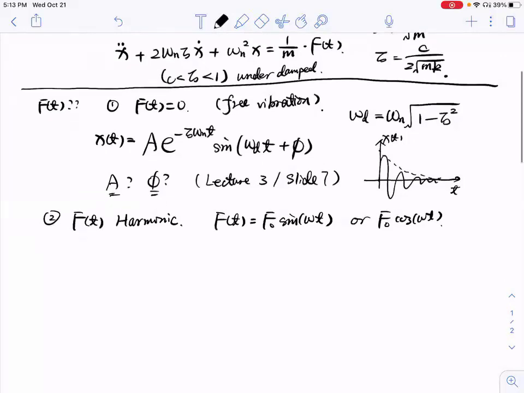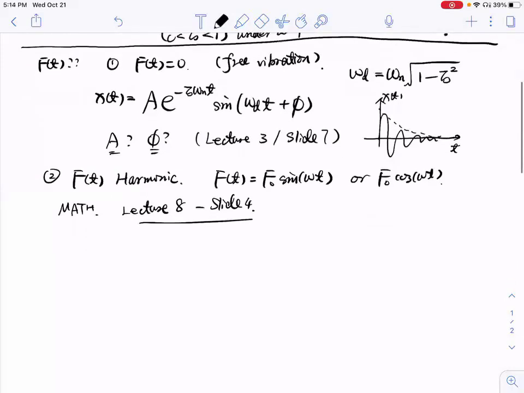So how to solve these equations then? You have to go to your math 333, or you can go back to lecture 8, slide 4. Over there, we discuss how we solve these systems. So this system actually x(t) equals x_h(t) plus x_p(t), right?